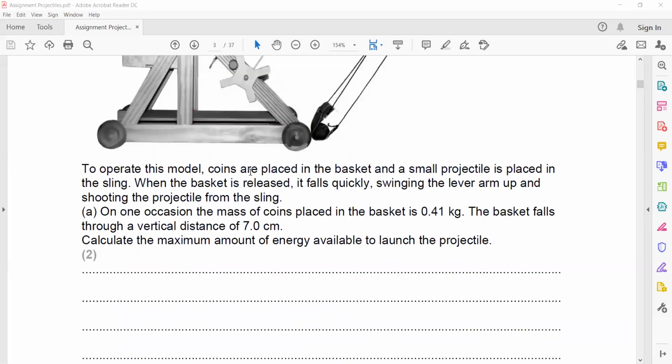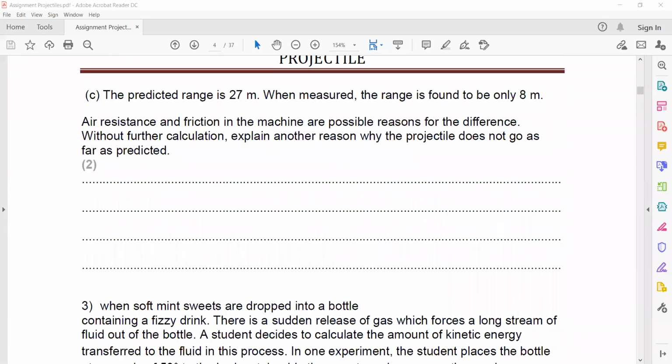So the answer for this part: why the range which we calculated may not be equal to 27 meters, it is less than 27 meter. So the reason is that not all of the energy is transferred to the projectile, so the starting energy will be less.